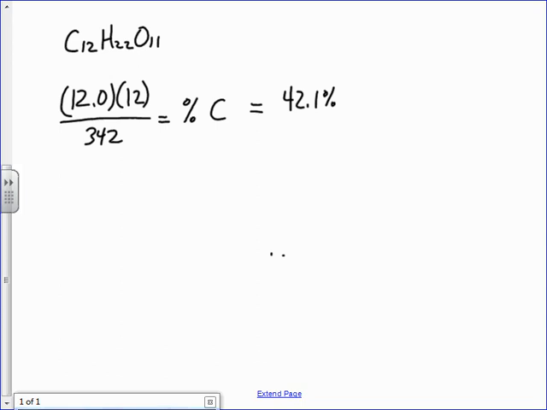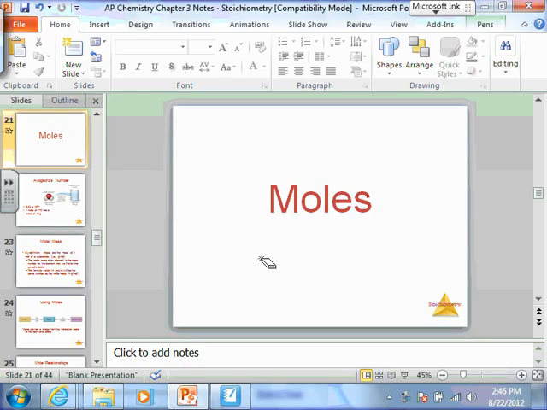And if we want to know the hydrogen percentage, save a little bit of time here. Hydrogen is 1.0 times the 22.0 divided by 342 times 100 equals the percentage of hydrogen, which is going to be equal to 6.4%. I don't know what's going on with my smartboard right now.